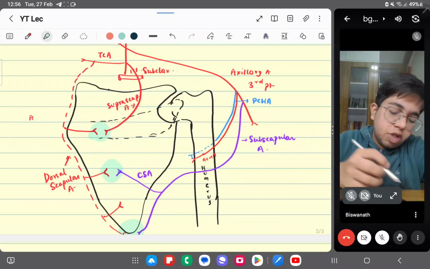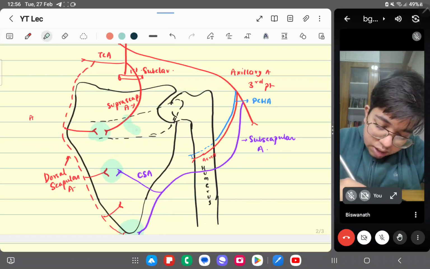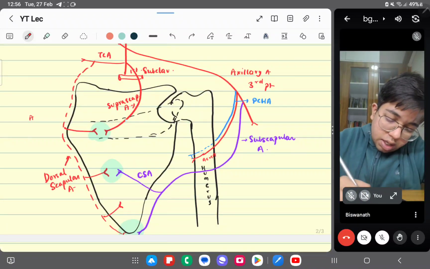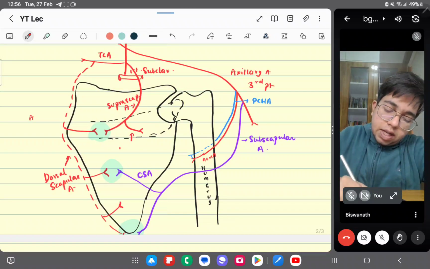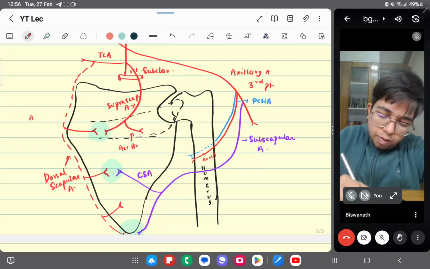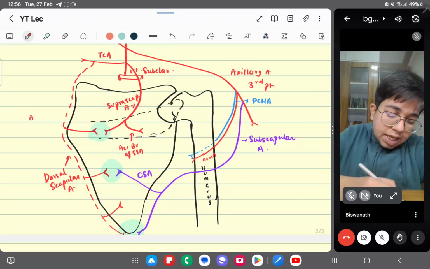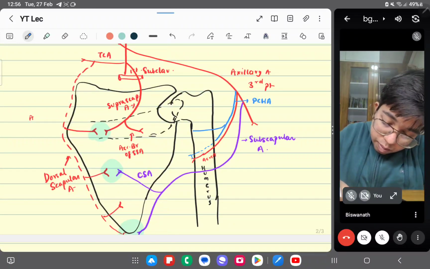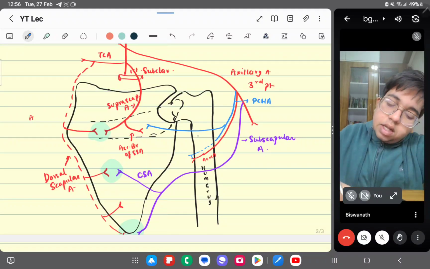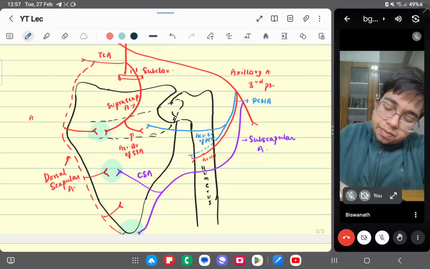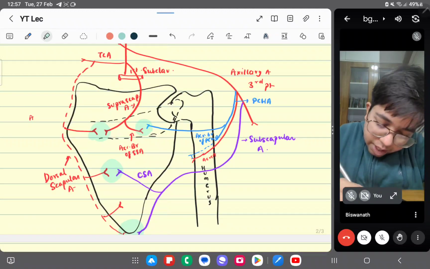There an anastomosis occurs. This one is the acromion branch of the SSA, that is the suprascapular artery. I am drawing it with blue so that you can understand. This is the acromion branch of PCHA. These both will be anastomosing like this.